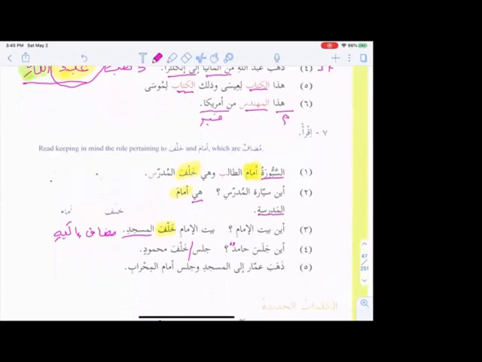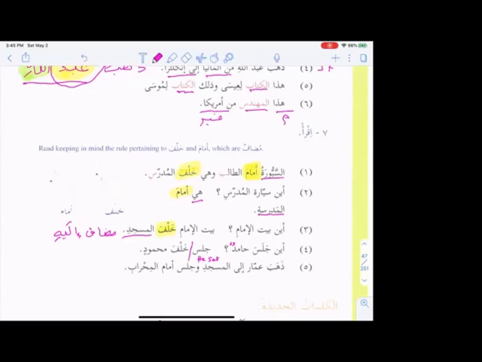Jalasa, fi'al madin, fine. Fa'il mustatir, if you can't see, it is mustatir. Taqdiruhu huwa. When huwa goes to Hamid, Jalasa Khalfa Mahmudin. He sat, remember, you will say it in translation, he sat. So where is he? It is hidden, mustatir, in the fi'l. Khalfa, because it is Jumla Failia, there is a fi'l, fa'il.